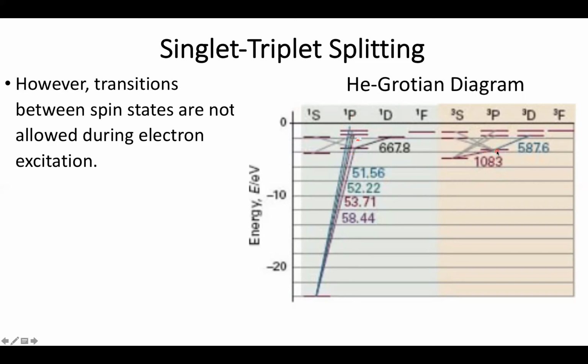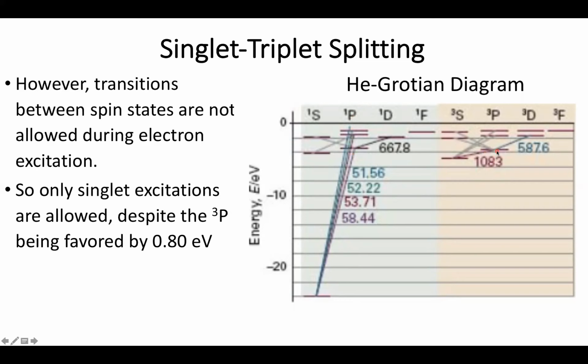It cannot go straight to the triplet state, which is slightly problematic because, due to electron pairing energies, the triplet state, where I have 1 electron in the 1s orbital and 1 electron in the 2p orbital with the same spins, is going to be favored by 0.8 electron volts.